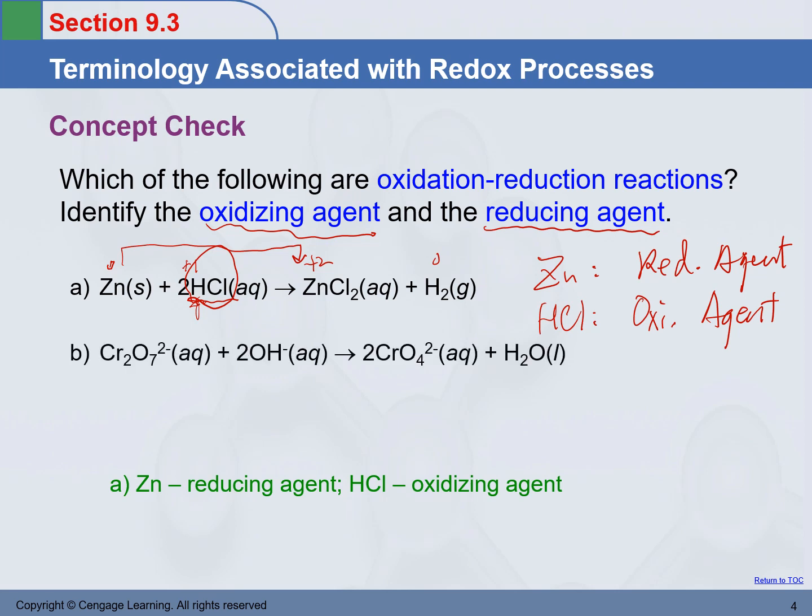B, wow, dichromate, hydroxide. All right, well, let's work on this. Oxidation numbers: we have chromium, oxygen, and hydrogen, 3 elements involved in this reaction. So oxygen, here, here, and here, and here.